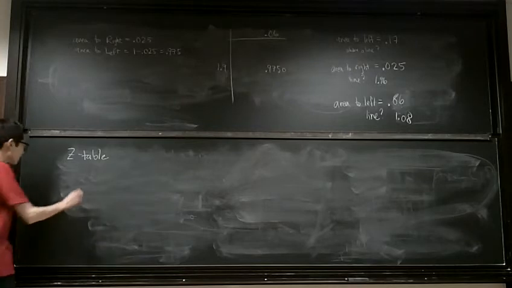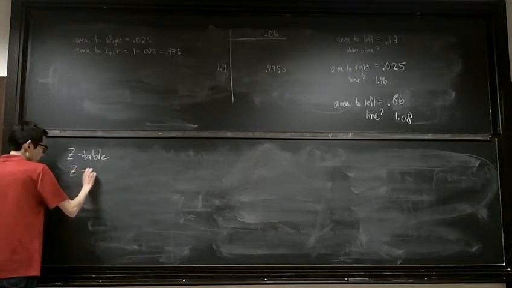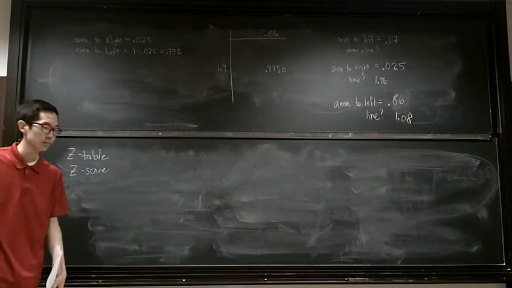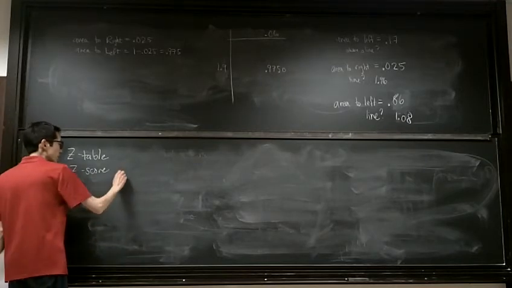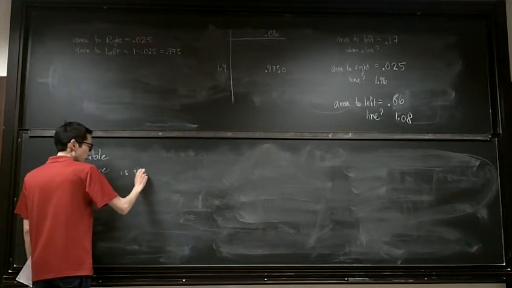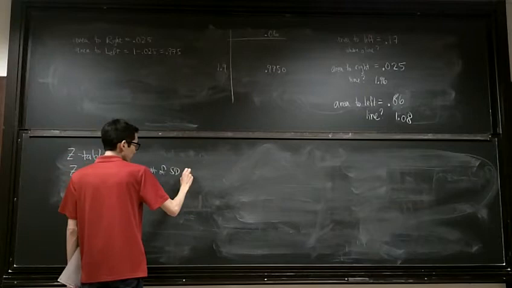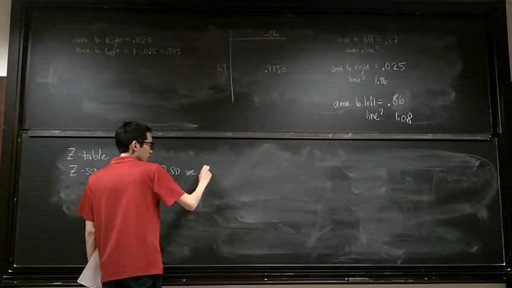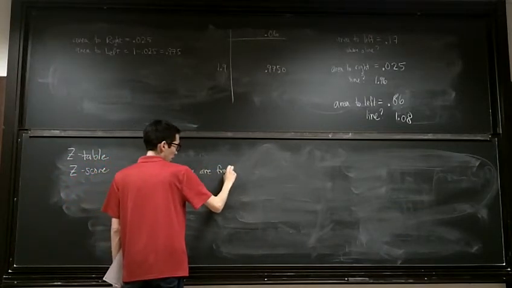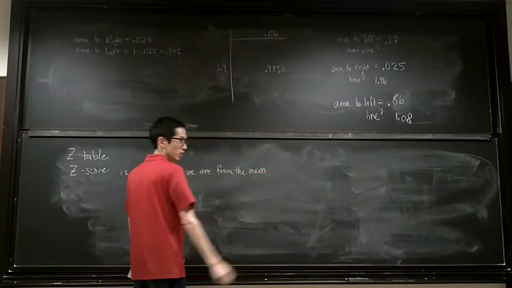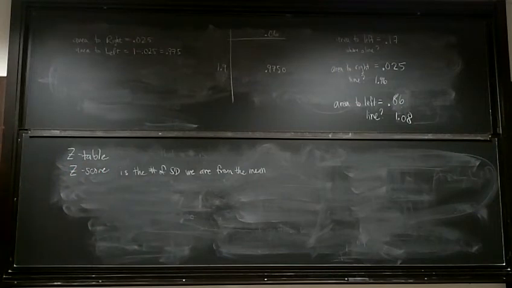And we have something called the Z-score. A Z-score, this is an important definition, is the number of standard deviations we are from the mean.